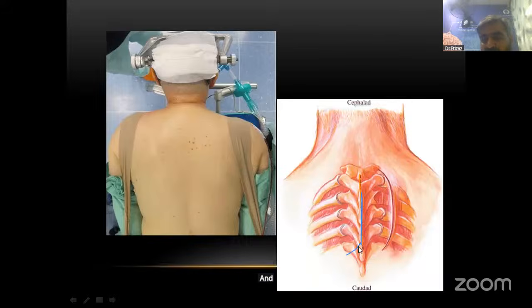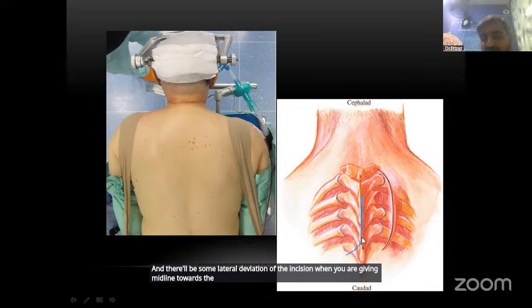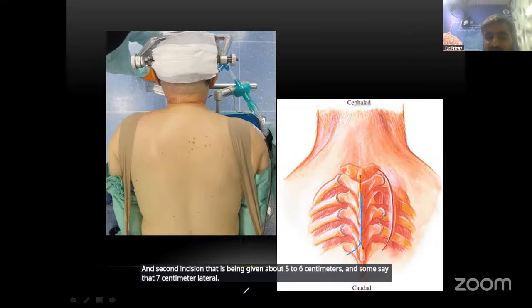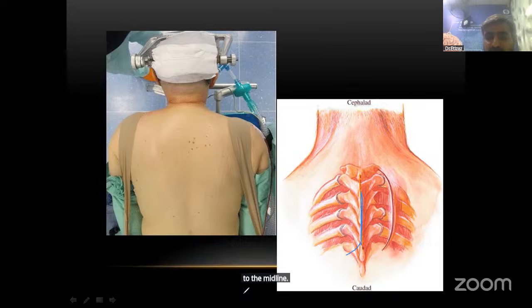There will be some lateral deviation of the incision when you give the midline incision, towards the ipsilateral side, towards the pathology side. The second incision is given about 5 to 6 centimeters, and some say 7 centimeters, lateral to the midline. That is this incision.